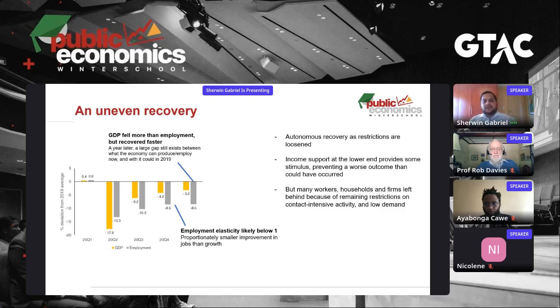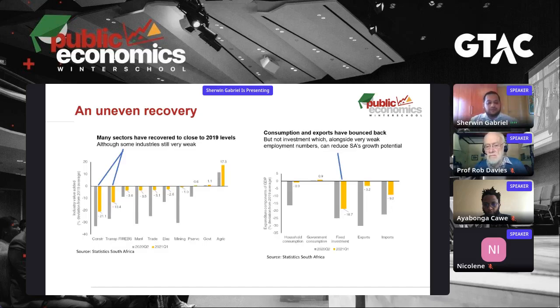We're seeing that the response in employment is not as strong as it is in GDP, and this is an important issue for growth, not only in the short term, but if the effects of the pandemic don't unwind, we risk getting stuck in a permanent state of making it very difficult to create jobs with growth.